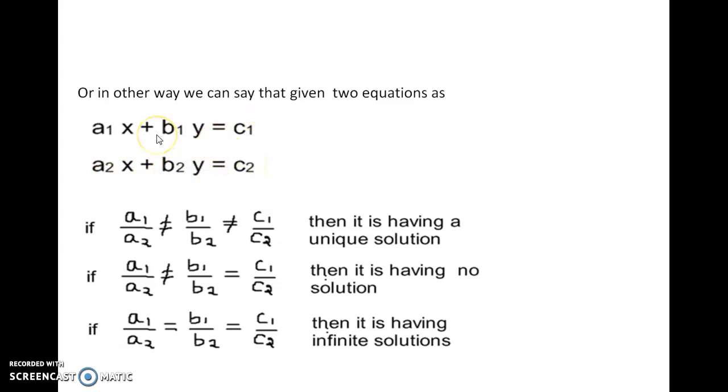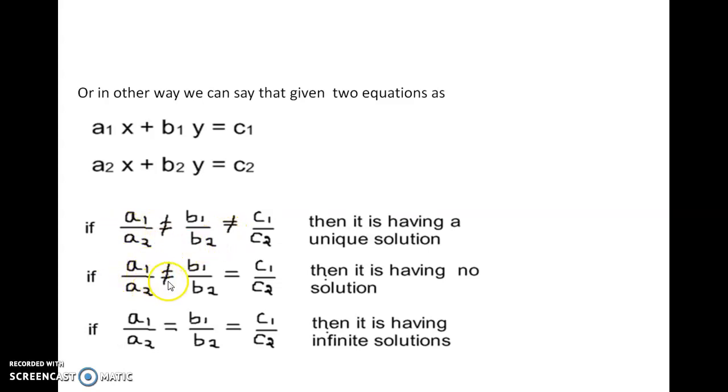So when you take the coefficients and the constant terms, if a1 by a2 is not equal to b1 by b2 and it's not equal to c1 by c2, that means it's a different equation which I was mentioning earlier. So these equations are different, therefore you will definitely have a unique solution.